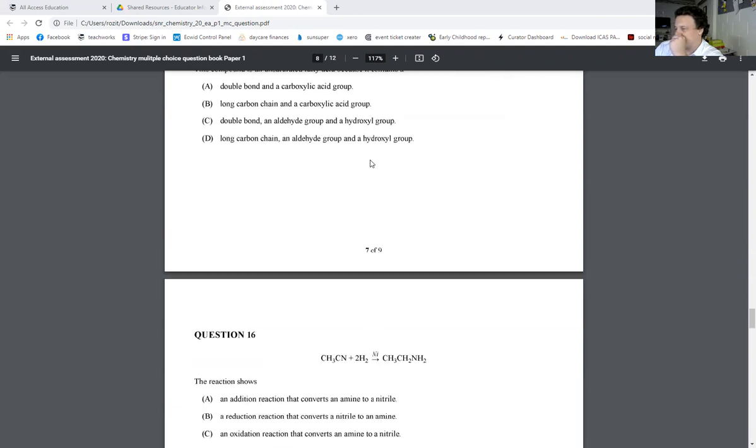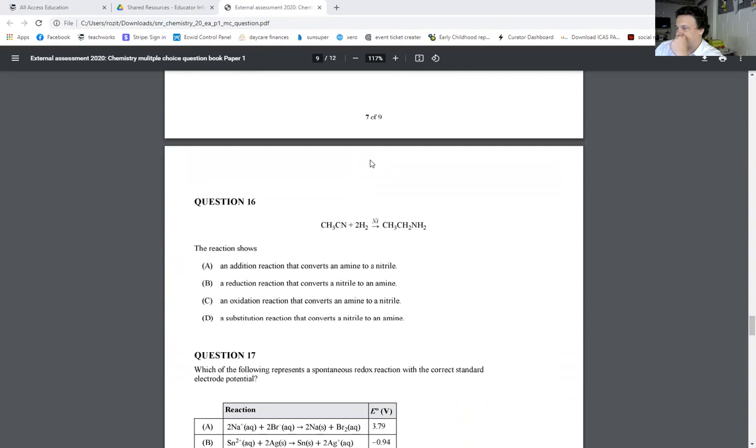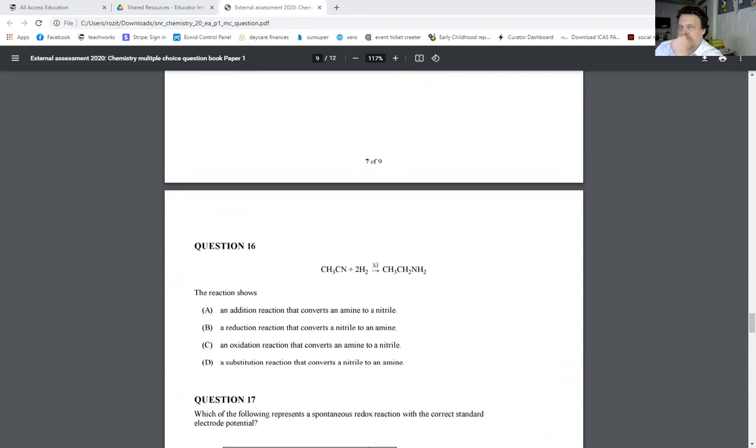So remember the difference between saturated and unsaturated. This one gets everybody. Got everybody last year.